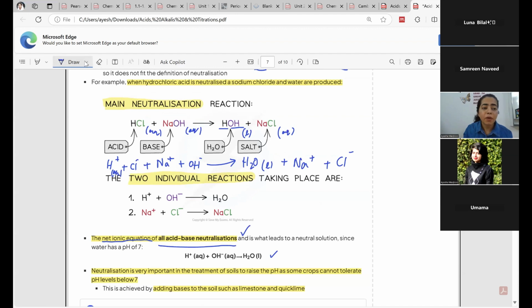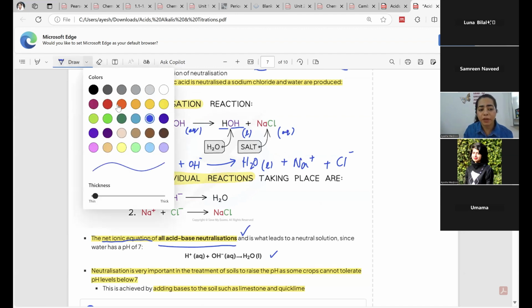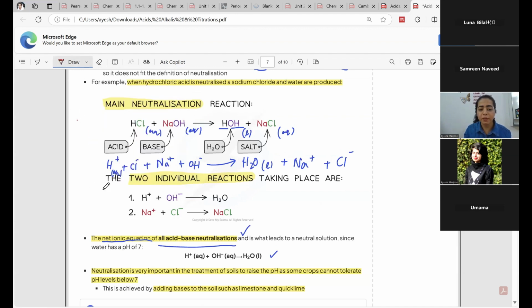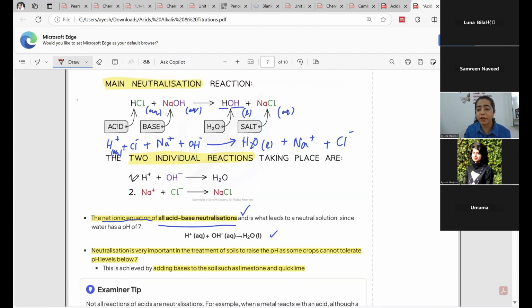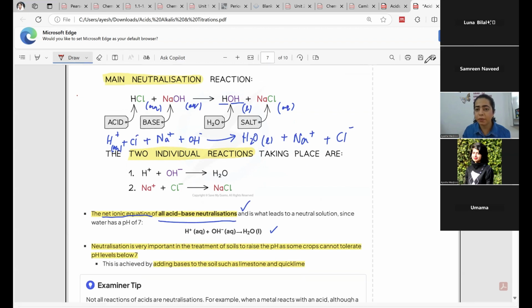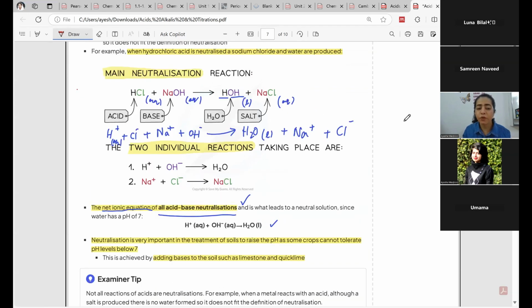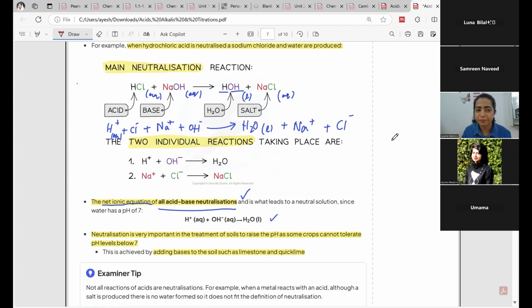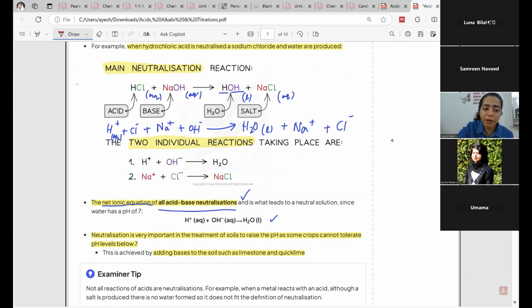Okay, now we can cut the same ions on both sides, right? So which ions can we cut, which are basically spectator ions on both sides of the equation? Miss, I don't understand. What do you mean by cut? Okay, I will tell you. Which ions are the same that we can cancel on both sides? Miss, sodium and chlorine.